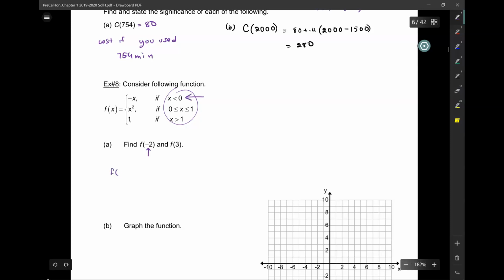So f of negative 2 is negative 2, 2. f of 3, where does that fall? The last one. And what's the y value for that one? 1. Always just 1. All right?